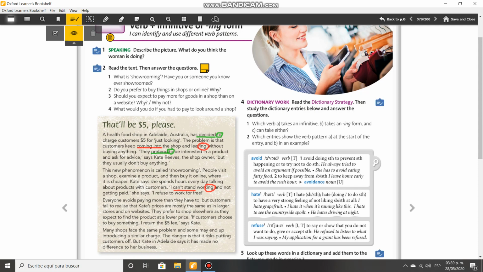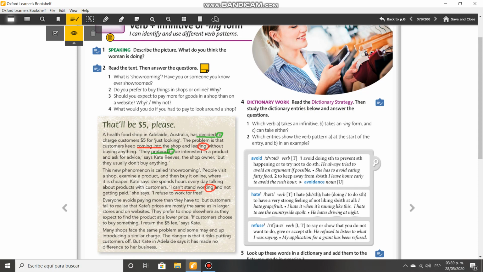So let's start, okay? That will be $5, please. A health food shop in Adelaide, Australia has decided to charge customers $5 for just looking. The problem is that customers keep coming into the shop and leaving without buying anything. They pretend to be interested in a product and ask for advice, says Kate Rewes, the shop owner, but they usually don't buy anything.